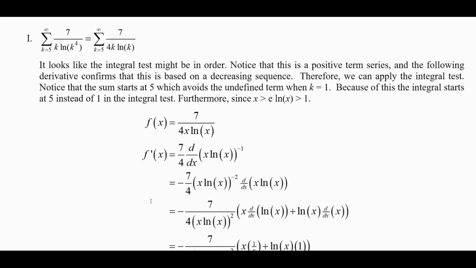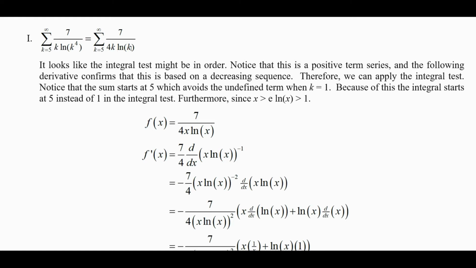The next one, 7 over k natural log of k to the fourth. First thing I would do is note that natural log of k to the fourth is just 4 natural log of k. So this is 4k natural log of k in the denominator, 7 at the top. And so it looks like an integral test might be in order. Notice that it is a positive term series.